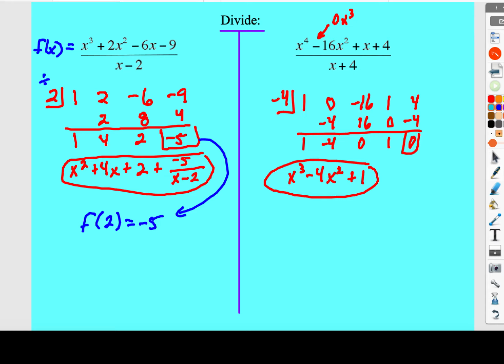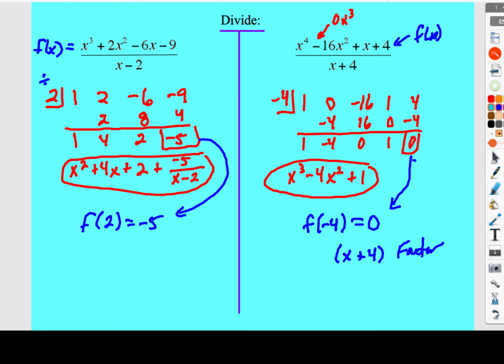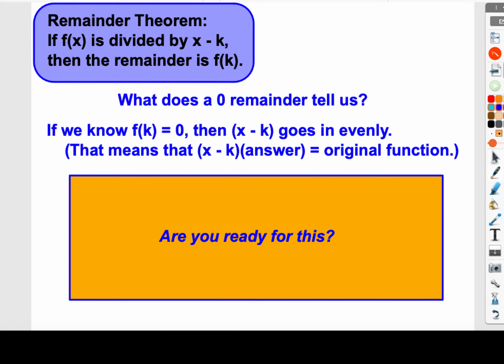What it also means is, in the problem over here, if f of x was on the top, what we just figured out is that f of -4 would equal 0 this time. Which just means that we divided in there evenly, and not only is f of -4 equal to 0, but x plus 4 is a perfect factor of that numerator. And that's a really unique and helpful fact.